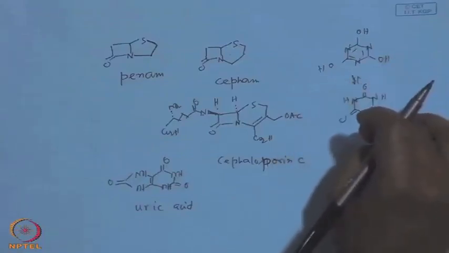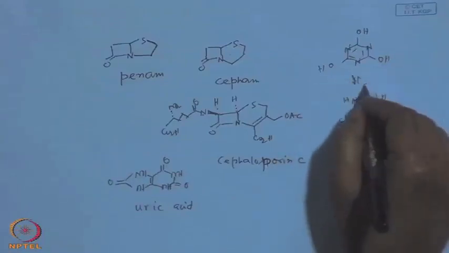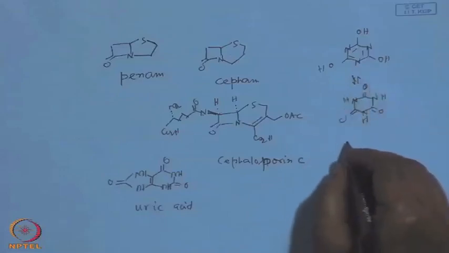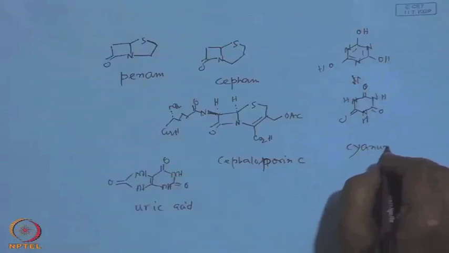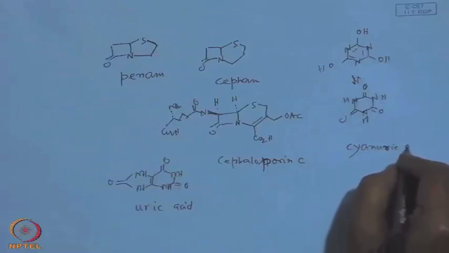So there is an equilibrium, but what is the name? This is a very useful compound, especially in biology. Pretty close. Actually, it is known as cyanuric acid.